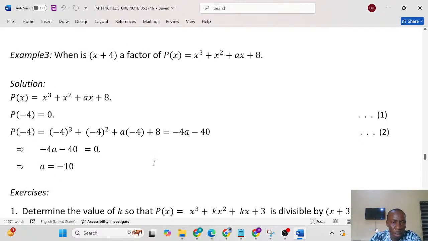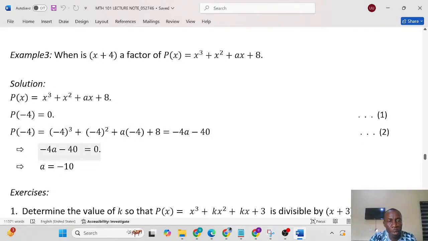When is x plus 4 a factor of p of x, x cubed plus x squared plus ax plus 8? Now, when you pick that factor x plus 4 equal to 0, it will give us x to be equal to minus 4. And p of minus 4 is 0. Substituting the value of x equals minus 4, it will give us minus 4a minus 40 equals 0.